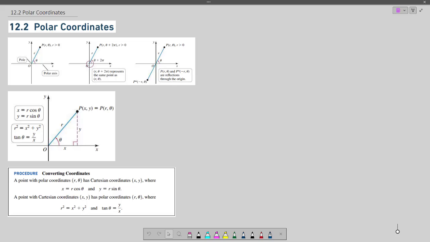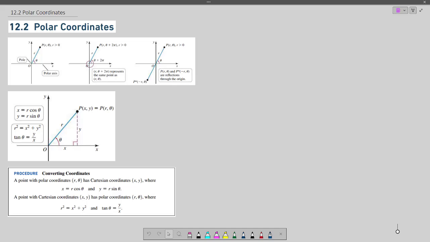Polar coordinates. Final topic. Polar coordinates are another way to describe the points in a plane. We have the Cartesian description of points in a plane: you go horizontal, go vertical.